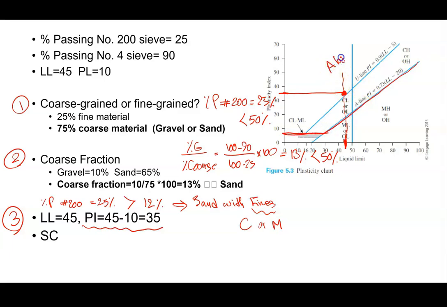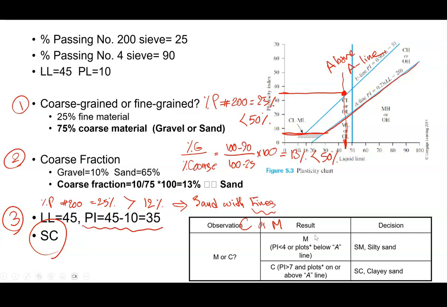It's above the A line. And we can say that we have sandy soil that has clay. It's above A line and PI is higher than 7.